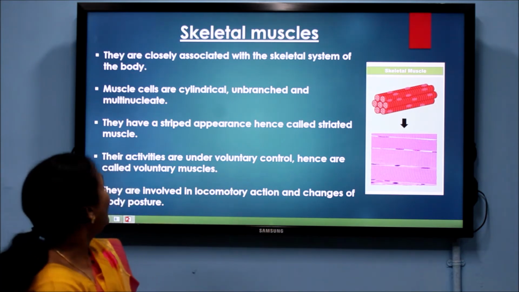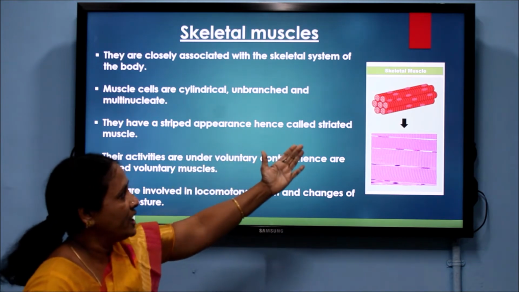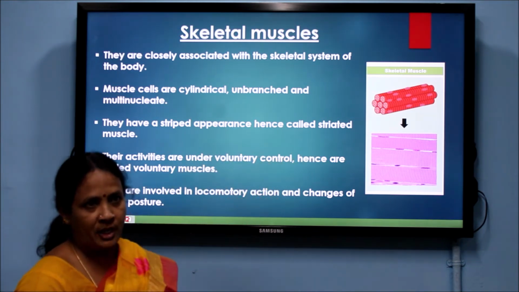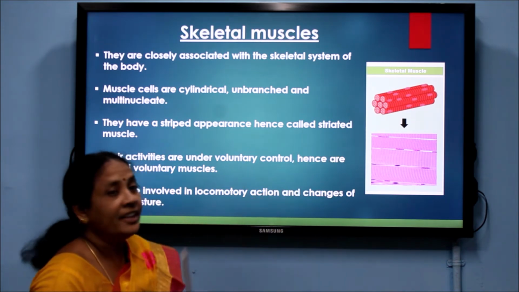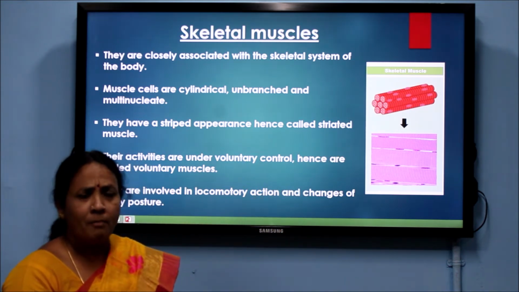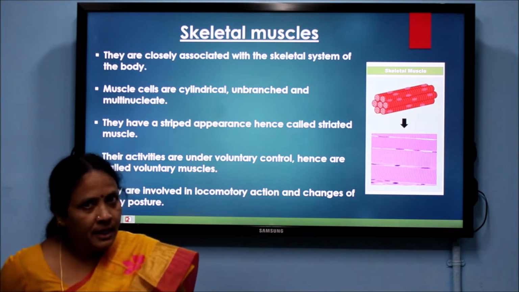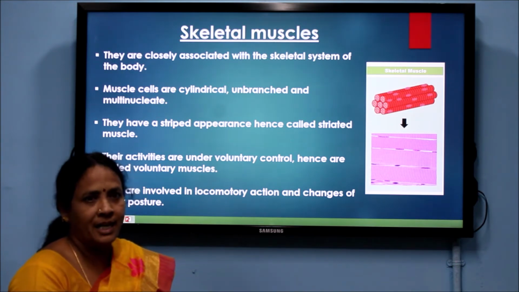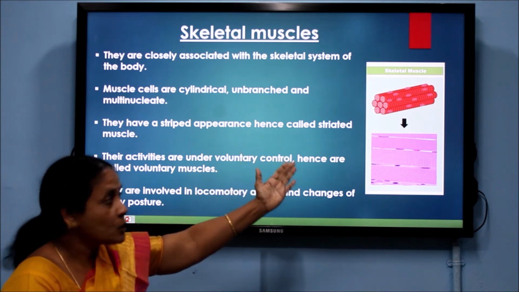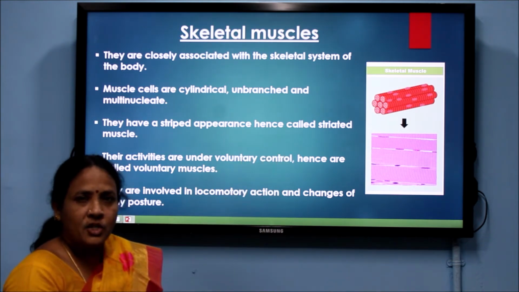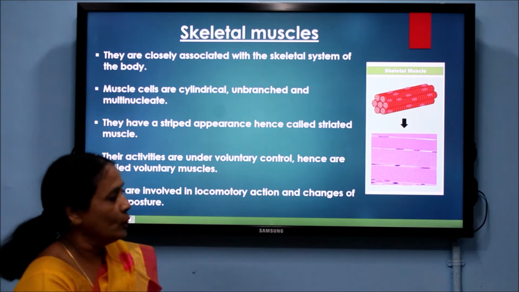In structure, they are cylindrical in shape and multinucleated. Multinucleated means that usually a cell has a single nucleus, but these cells have more than one nucleus.